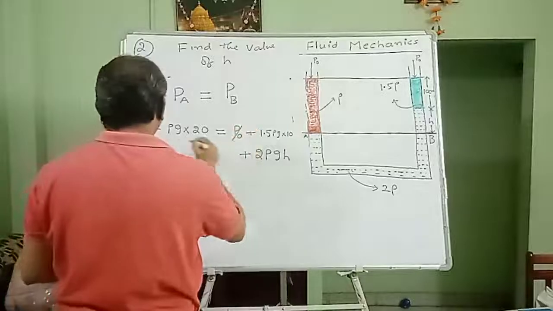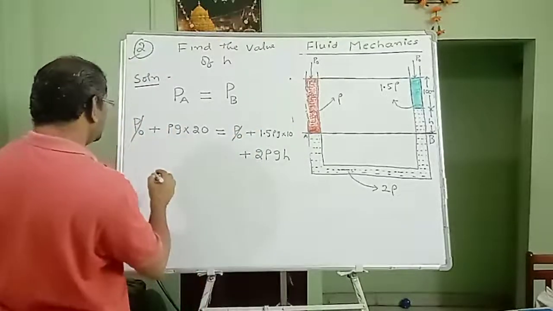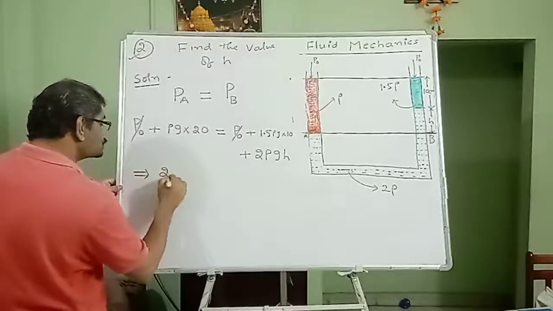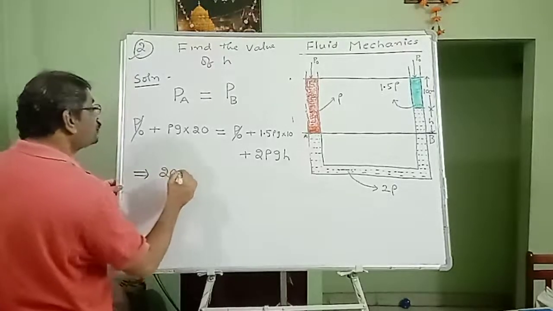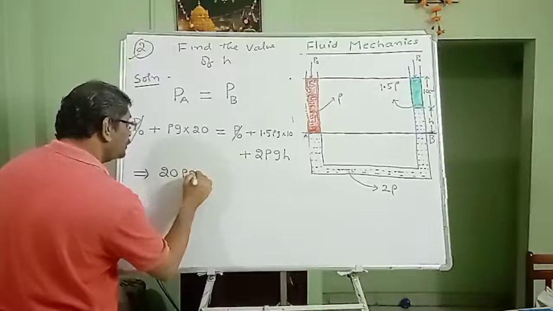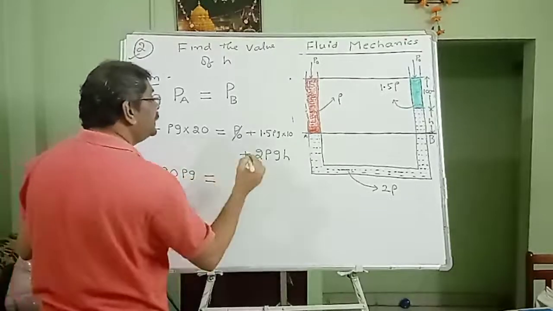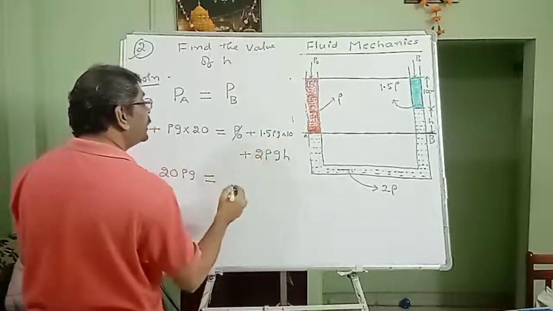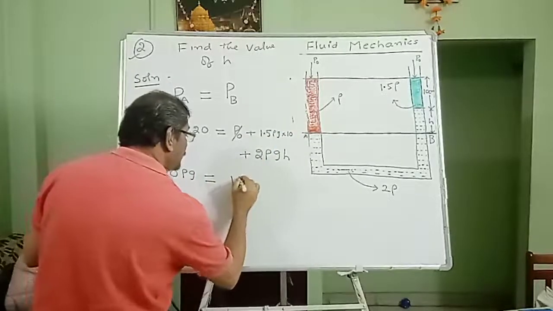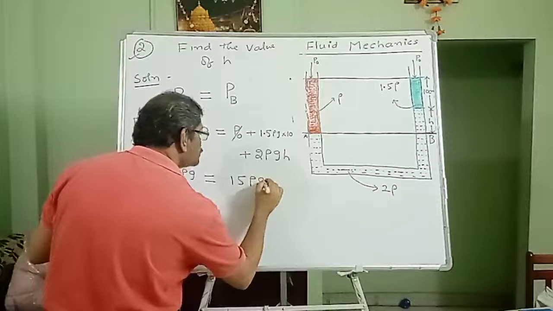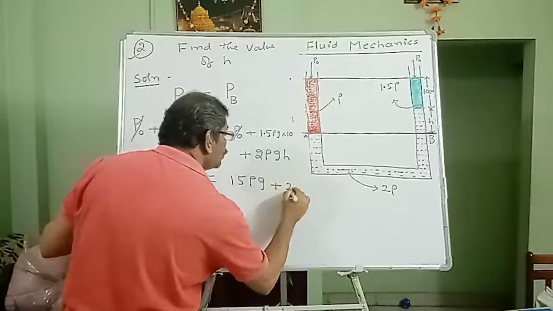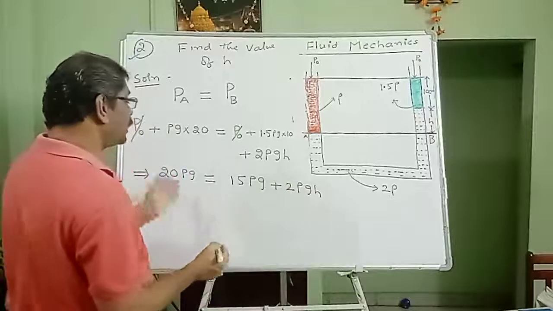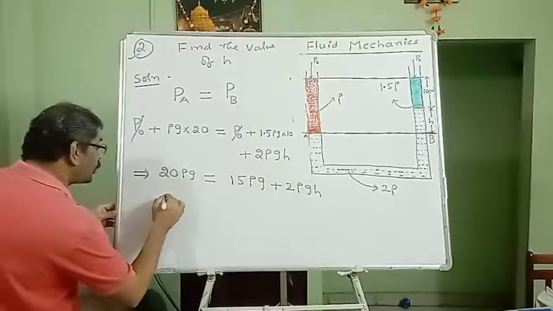Therefore P naught and P naught will get cancelled. So what will be remaining? 20 rho G will be numerically equal to 1.5 multiplied by 10, which is 15, so 15 rho G plus 2 rho G into H. Rho G can be taken common.